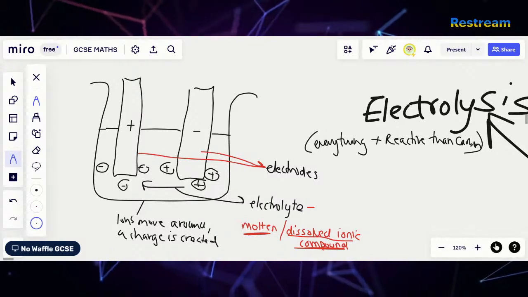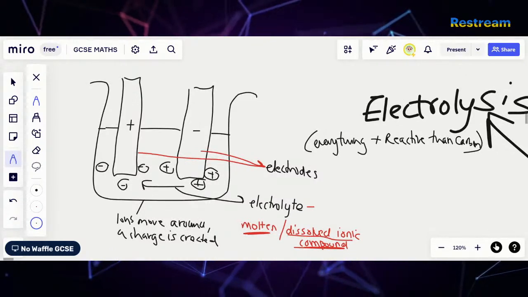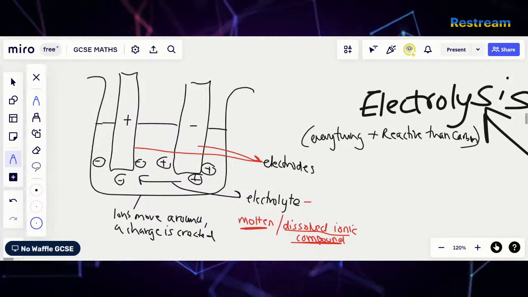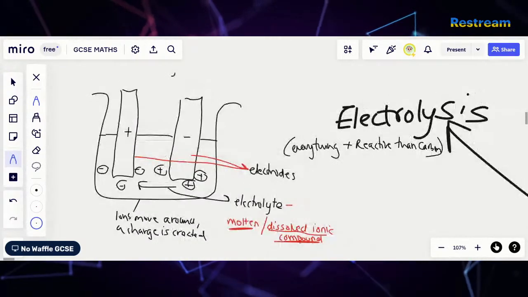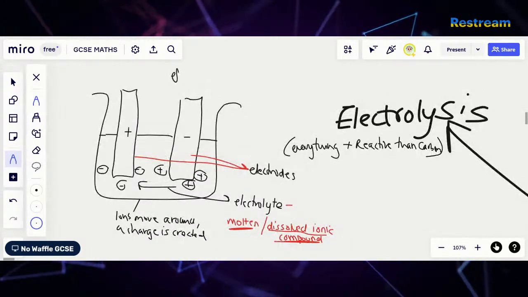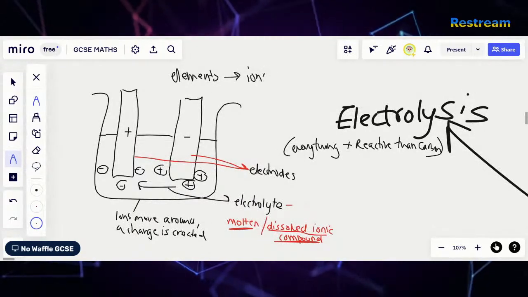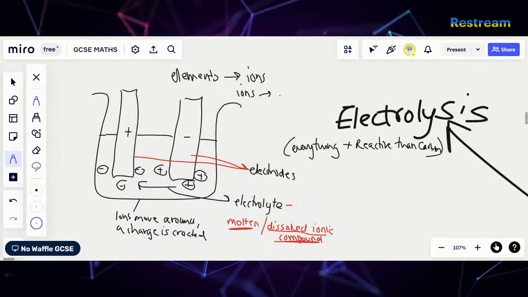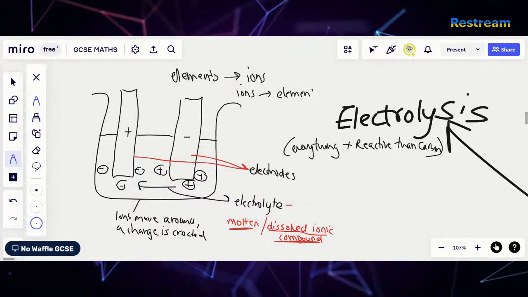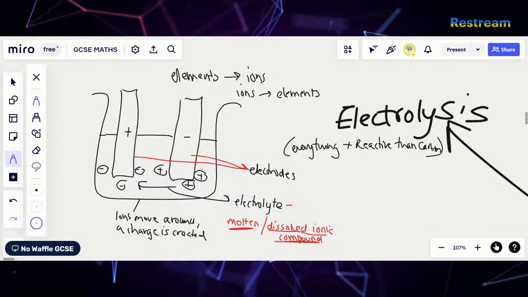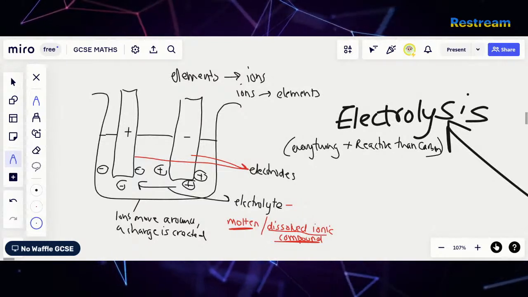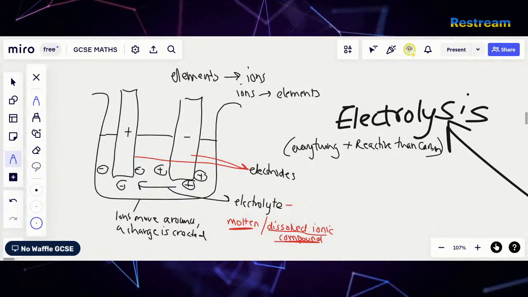In a normal reaction, the elements change to ions in order to gain electrons to get a full outer shell. Now, in electrolysis, we're going from ions to elements, so we're going back to the original state. And in order to go back, there will be free electrons at the electrodes.